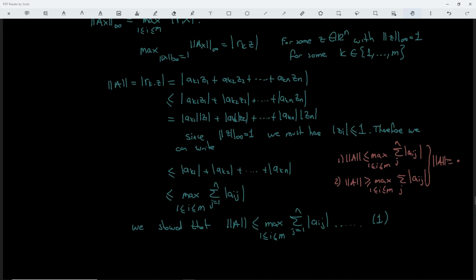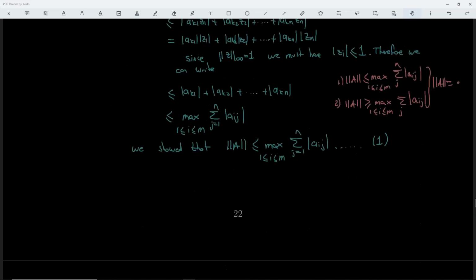That's what we just said. If this is true for k, that should be less than the maximum value of that thing. Okay, so in the second part, we will show that the maximum value of this absolute row sum is less than the norm of A.